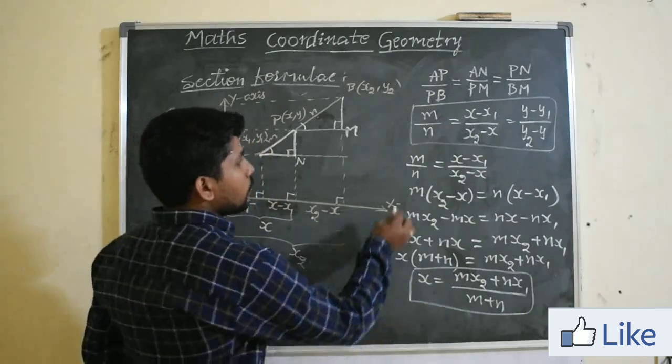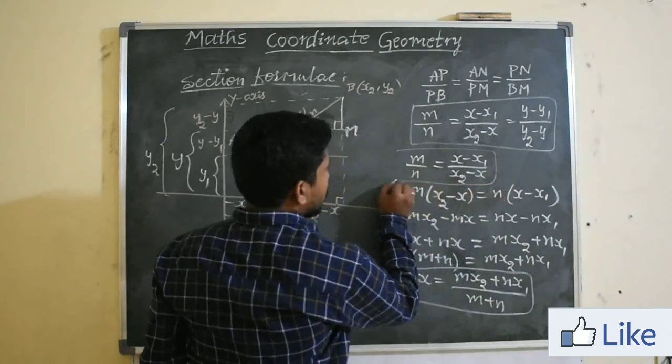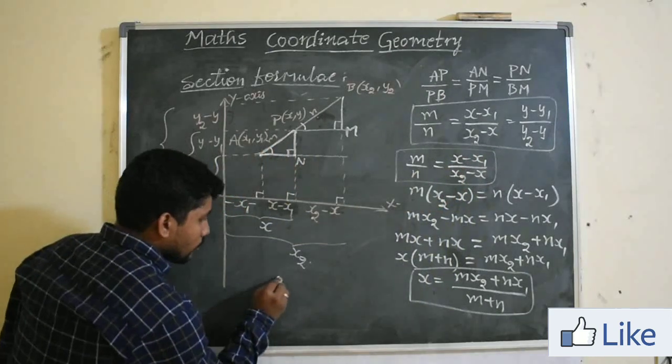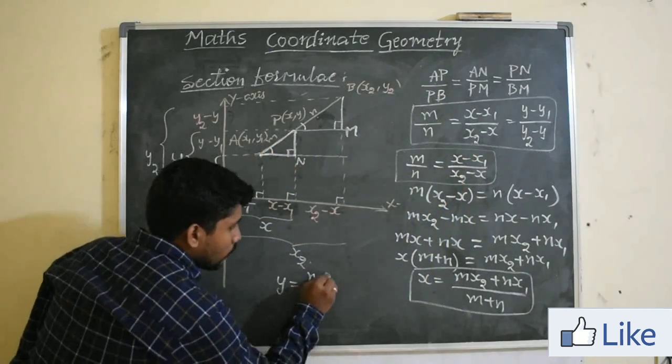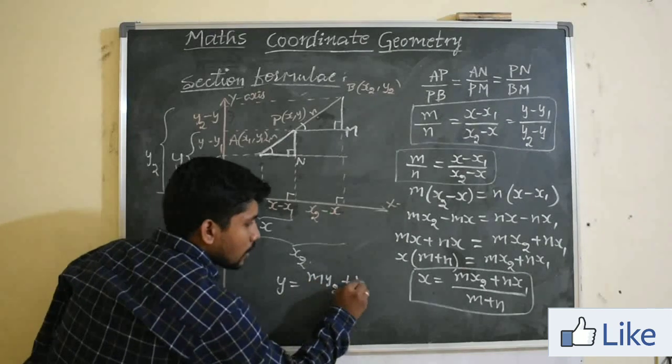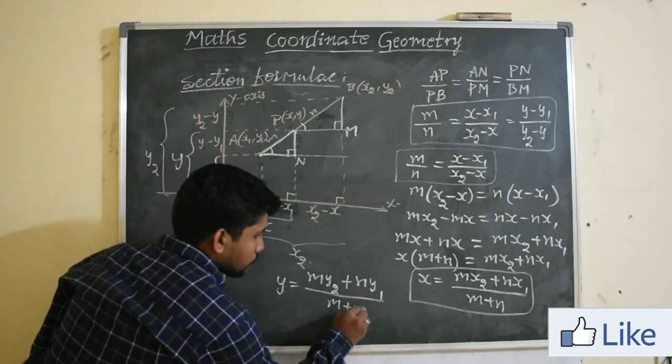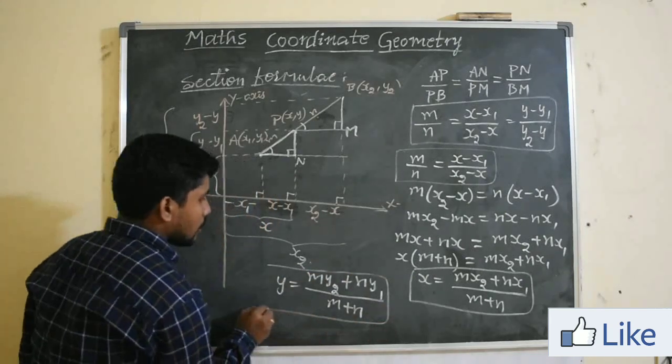In the same way, when you equate y coordinates to the ratio m is to n, you are going to get y is equal to my2 plus ny1 by m plus n.